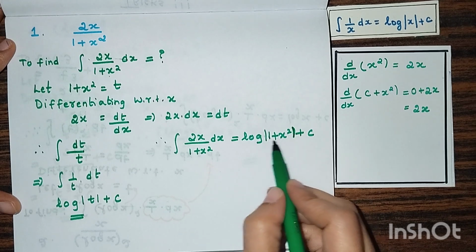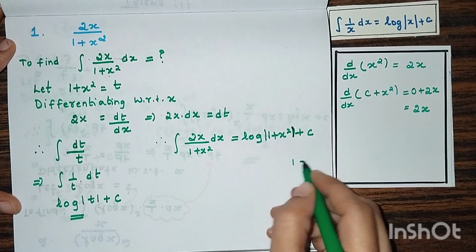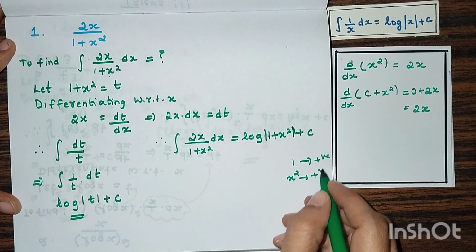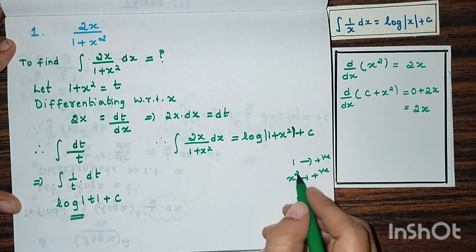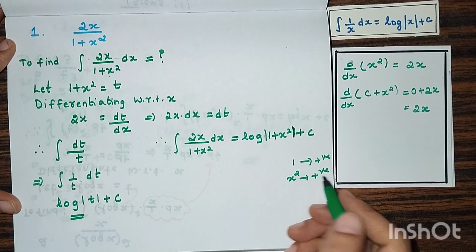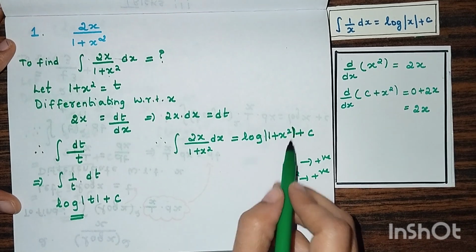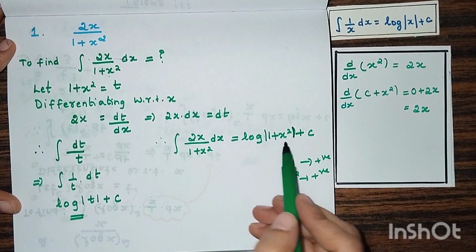Here modulus of 1 plus x square, if you observe this, 1 is also positive, x square is always positive, because even if you give negative it will become positive if you do the square, right? So 1 plus x square in itself is positive, and we are putting modulus sign to make positive. So there is no chance of getting negative inside.